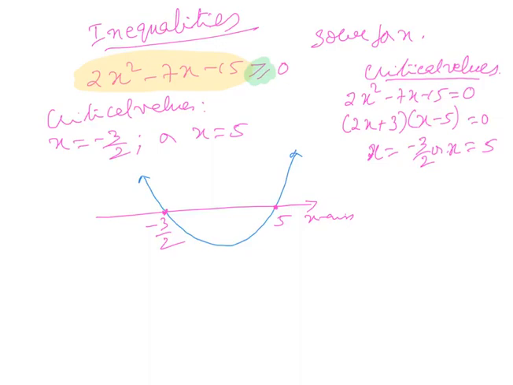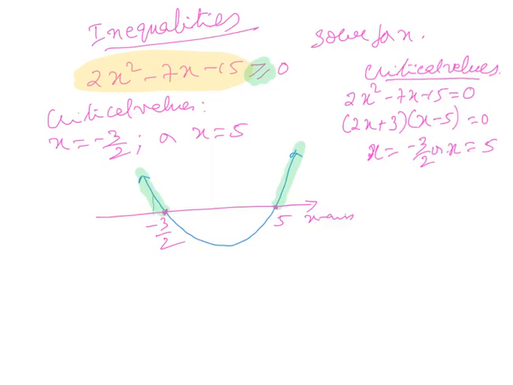This is my greater than 0 region. As we look for above the x-axis when it's greater than 0, now I want the x values. So what are the corresponding x values that we are looking for? Let's see that. What are the x values here?